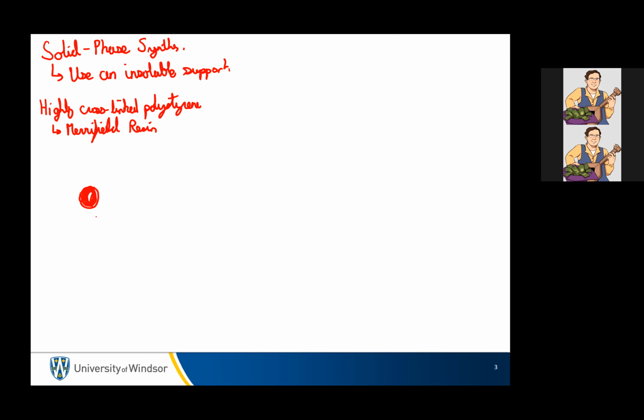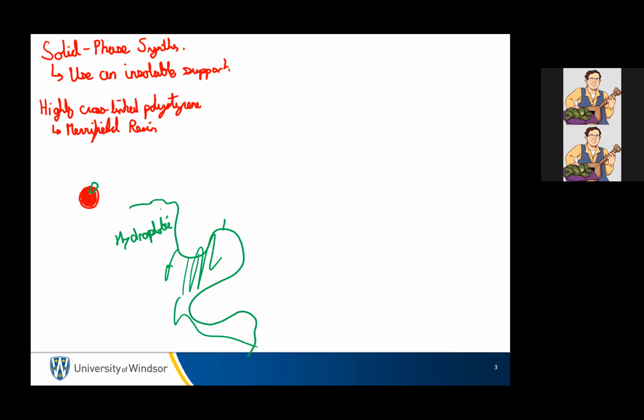What this bead essentially is, if we zoom in, is a surface with cavities in it. All these cavities are very hydrophobic, because all of this is made of cross-linked polystyrene.